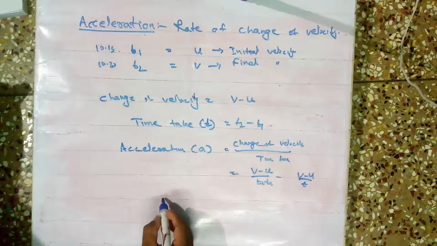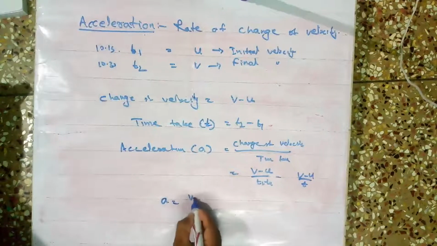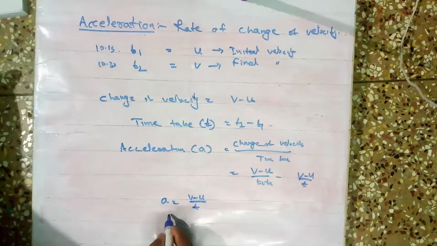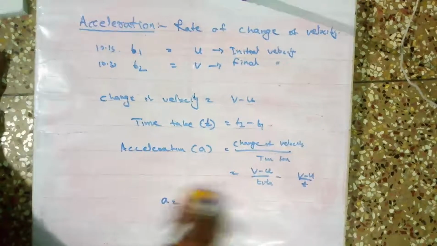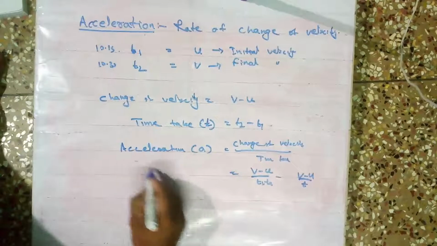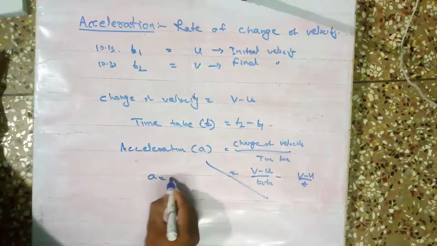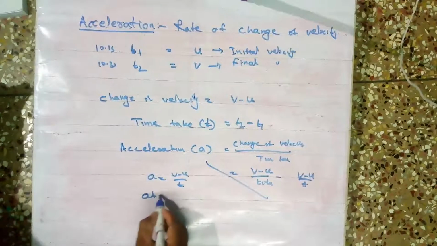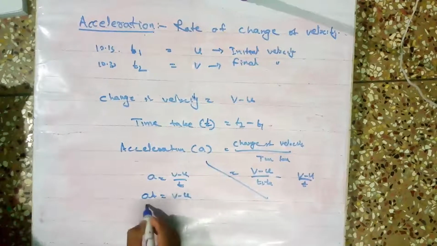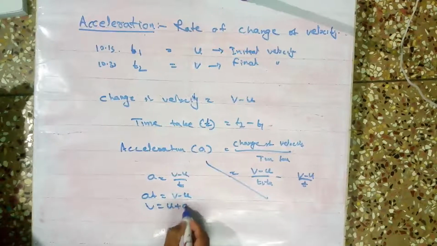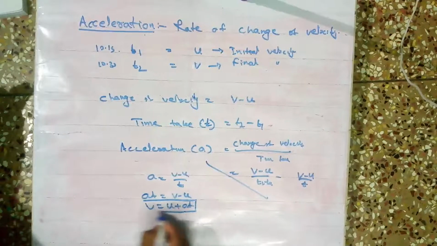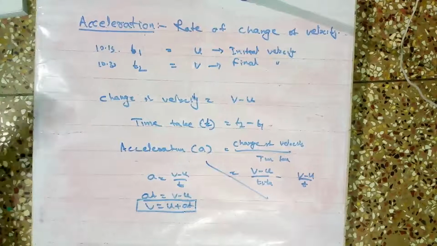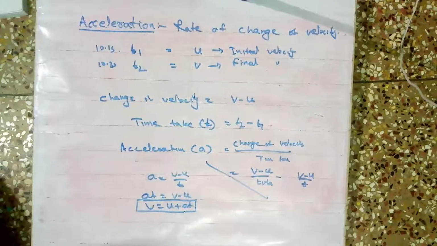So we got a equals v minus u by t. If we do the cross multiplication, at equals v minus u, so v equals u plus at. This is a relation to get the final velocity if you know the acceleration, the time of travel, and the initial velocity. I hope I'm clear.